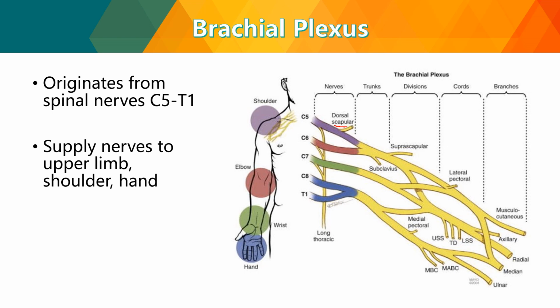For the trunks you have the subclavius. For the divisions, you can see the suprascapular and the medial pectoral, and then you have the USS, MBC. For the cords, you have your lateral pectoral, and for the branches, you have the musculocutaneous, axillary, radial, median, and ulnar.